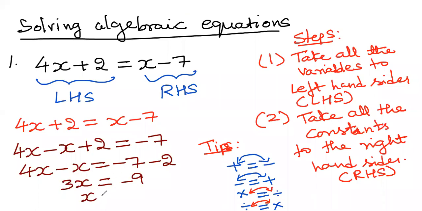So x will be equal to minus 9 over 3, or we can say x is equal to negative 3, because 9 divided by 3 is 3 and there is one negative sign, so it has to be minus 3. And this is going to be the solution for this problem. Right. Let's move to the next question.